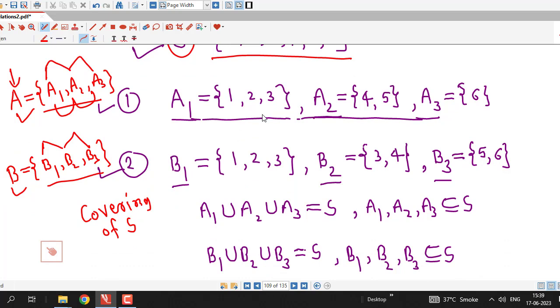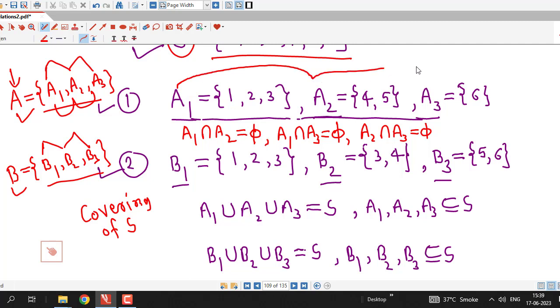And if you notice, for the first collection, if I consider pairs and take their intersection, the intersection of A1 and A2 is the empty set, there is no common element. Similarly, A1 intersection A3 is also an empty set. A2 intersection A3 is also an empty set. So I can say that A1, A2, A3 are mutually disjoint.